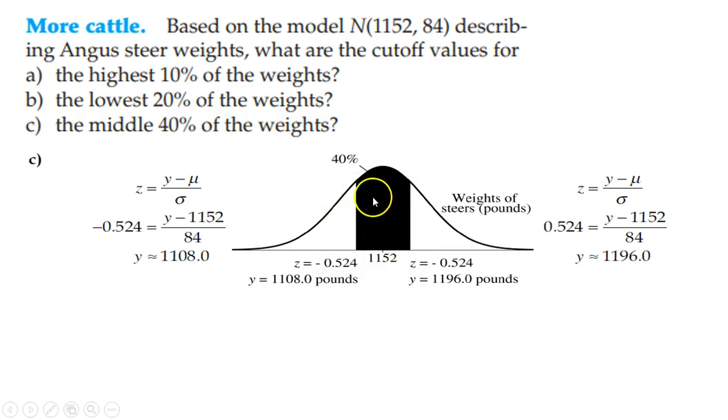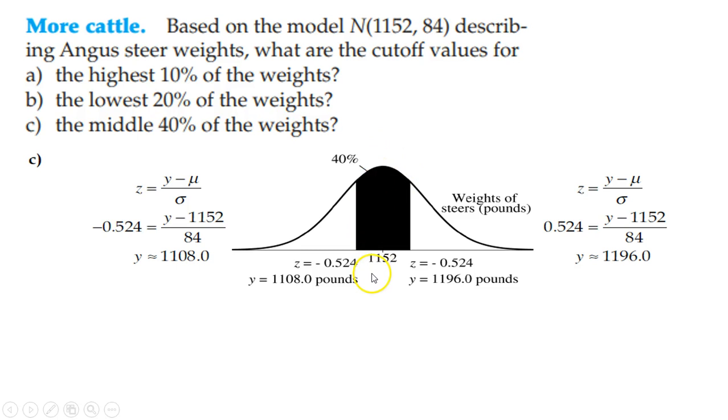So how can I go about it when they want me to find the middle of something, the middle 40%? Here's how it works. Since they want the middle 40%, the remaining 60% is split evenly, cutting everything in half, so I'd have 30% on this side and 30% on that if it's literally in the middle. Wait, correcting myself: with the middle 50%, I'd have 20% on this side and 20% on that.